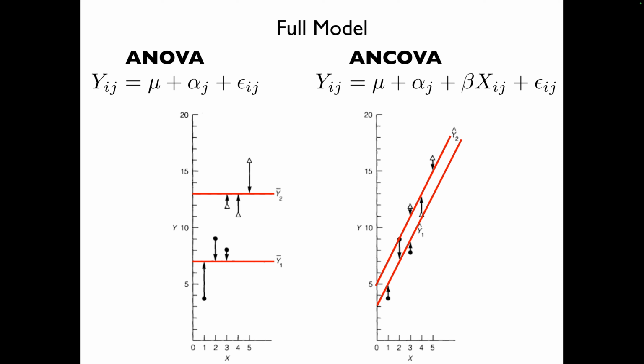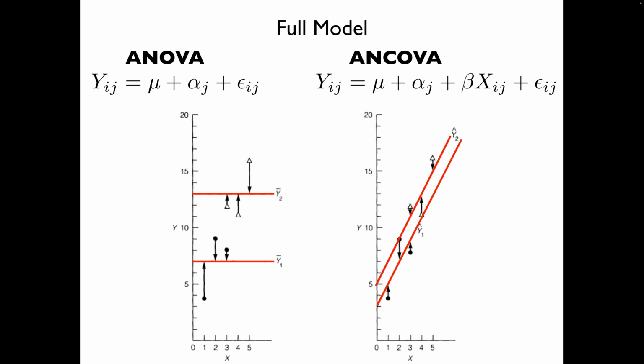So in ANOVA on the left, we've already seen in the last couple of weeks, the full model says hippocampus volume y is determined by a grand mean plus the effect of group membership, alpha sub j, right? So we have two different parameters, one for taxi drivers, one for non-taxi drivers. And now the vertical distances between each data point and the group mean is the error term.